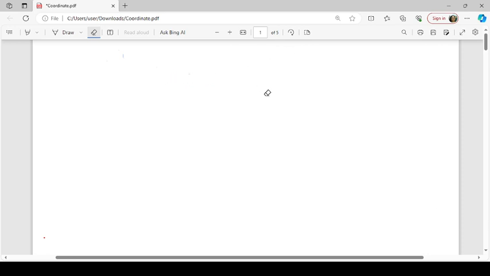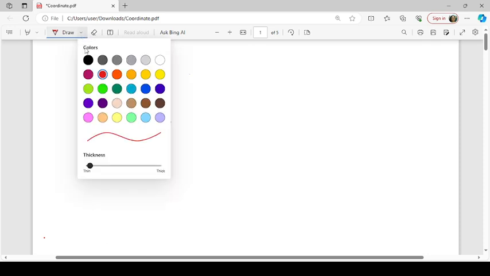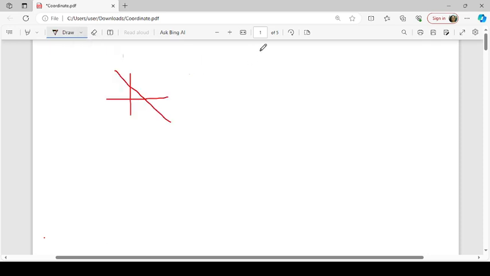And what is the normal form? When we imagine a straight line, there is a coordinate system, and this is a line, and another line we are taking, say L1 and L2.